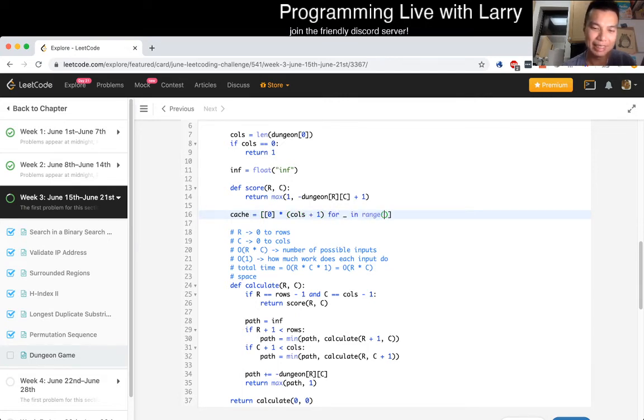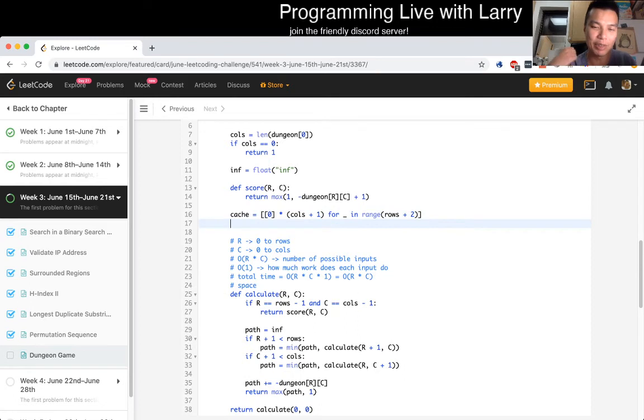This is very Pythonic, but it basically creates a columns plus 1 times rows plus 1 matrix. And then, just to check that we've already calculated, already calculated is equal to basically this, False. And we'll use it in a way that we'll see in a second.